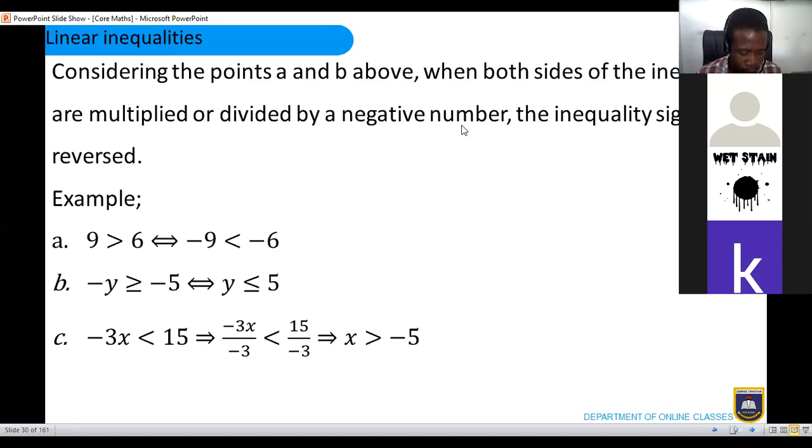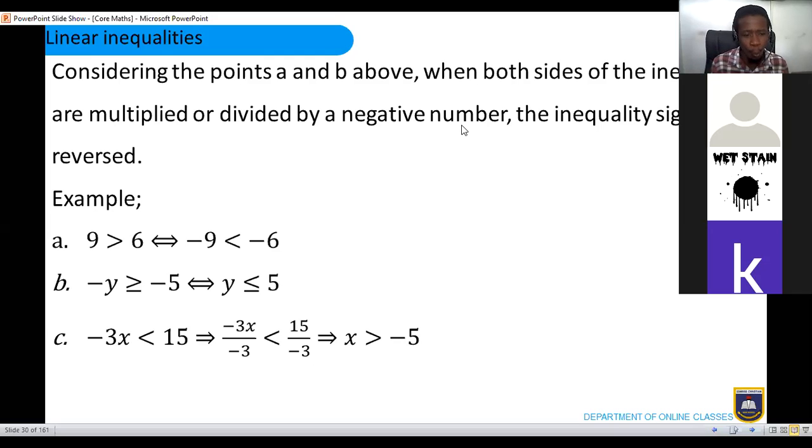Because y is negative 2, and we have negative y, then negative y will give us positive 2. Then it's greater than negative 5. So indeed, 2 is greater than negative 5.